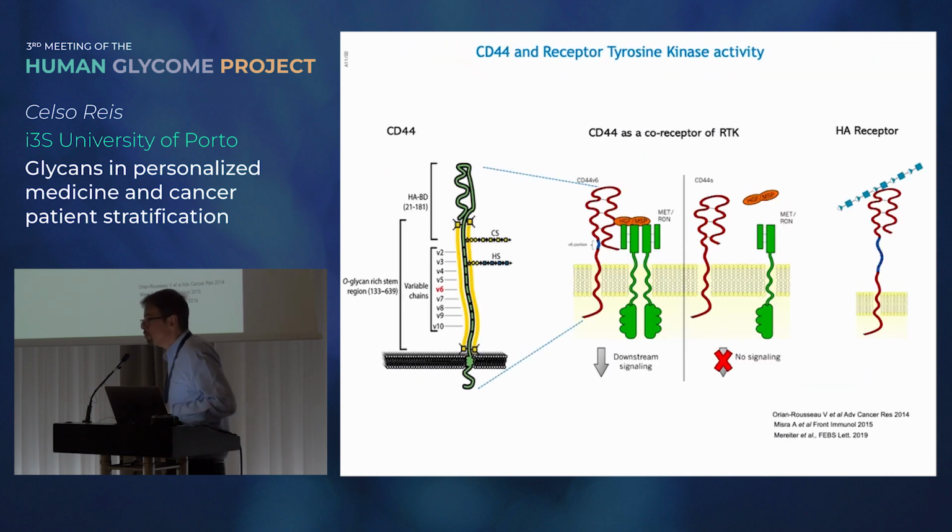And CD44, just a little bit of the understanding of what role it was playing. CD44 is a major co-receptor interacting with receptor tyrosine kinases, which induce oncogenic signaling.